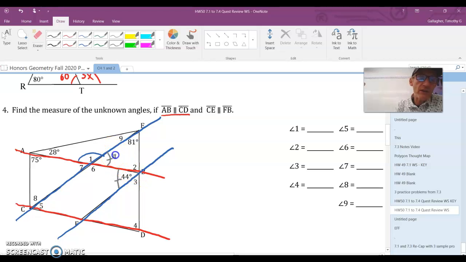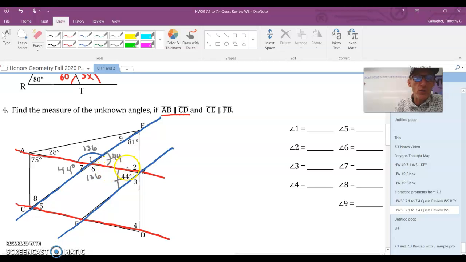So this angle here is 44 degrees. Now we're sort of on our way. We can get 6, 7, and 1 from this corner here because 1 is 136. And so is 6 because they're vertical. And 7 is 44. So we have 1, 6, and 7 figured out.